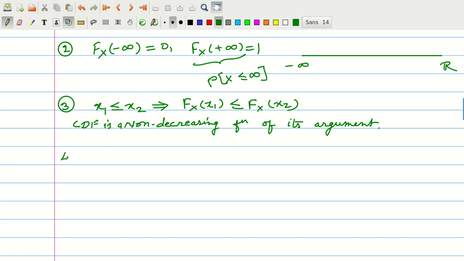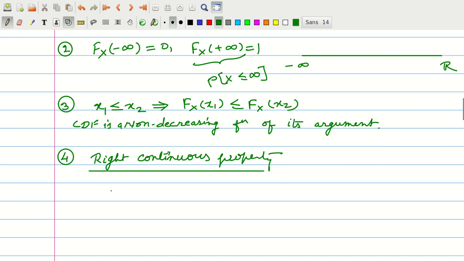Another property is what is called the right continuous property. This property says that the CDF F_X(x) is equal to the limit of F_X(x plus epsilon) as epsilon tends to 0, where epsilon is greater than 0.